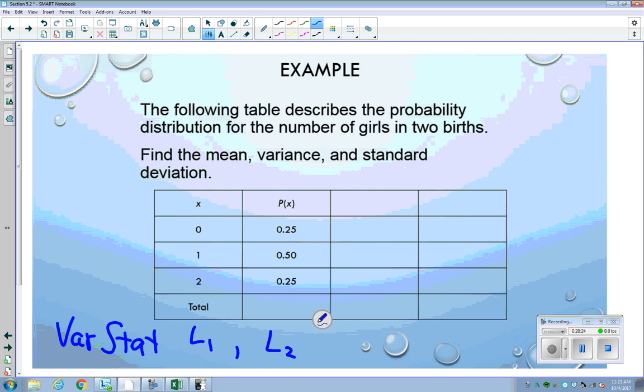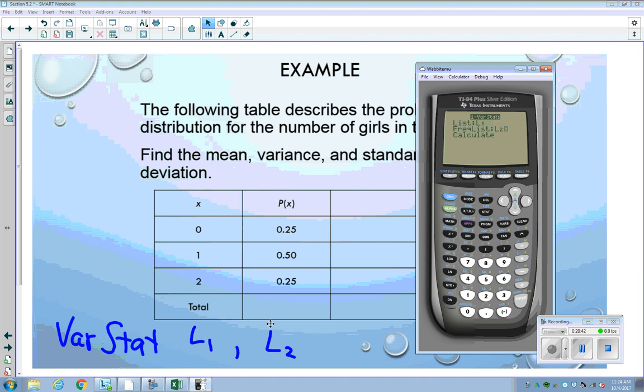The reason we have to do that is because if not, it only counts L1. We have to tell it L1 and L2 so that it takes those probabilities into account, okay? And then those of you who put L1 and L2 in, you just hit enter. Those of you with mine, we're going to cursor down to calculate and press enter.